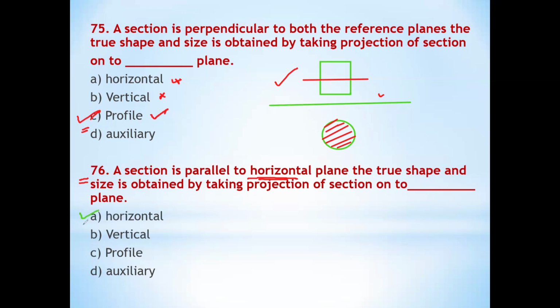So here the answer is A, not vertical, not profile, not auxiliary. We already saw when we get the true shape on the profile plane, and now we have seen when we get it on the horizontal plane. Let's see the next one.